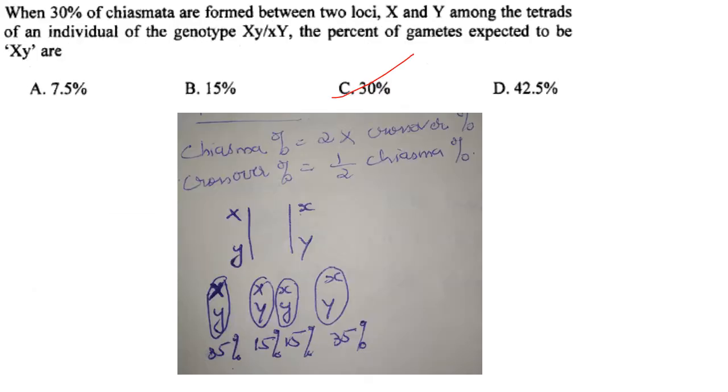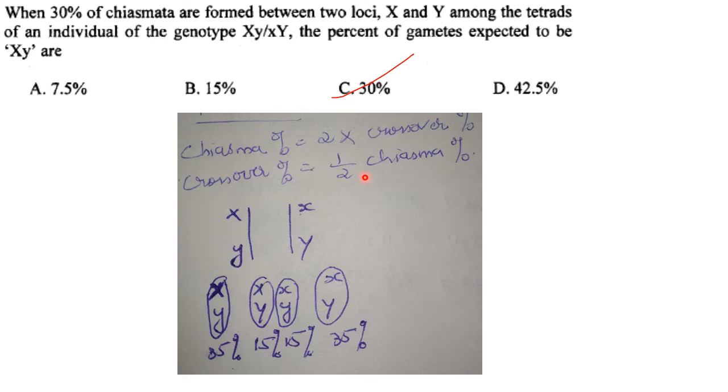Then next one. When 30% of chiasmata are formed between two loci X and Y among the tetrads of an individual of the genotype capital X small x capital Y small y, the percent of gametes expected to be capital X small y. So they have asked for the parental combination of the gametes, capital X small y.